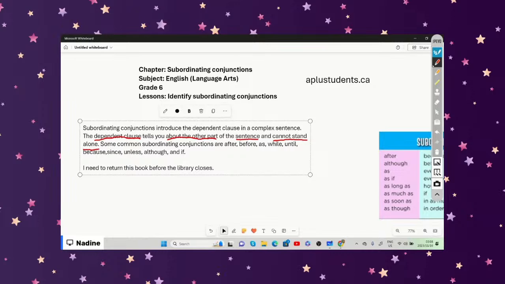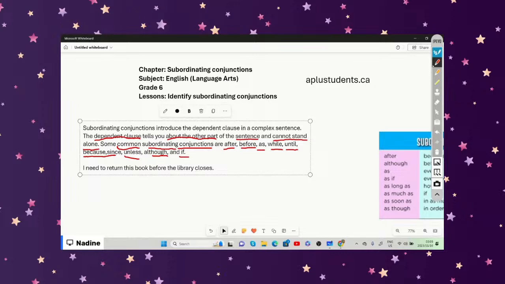And some of our common subordinating conjunctions, right? Remember we said a subordinating conjunction introduces a dependent clause. Some of our common subordinating conjunctions are after, before, as, while, until, because, since, unless, although, and if.